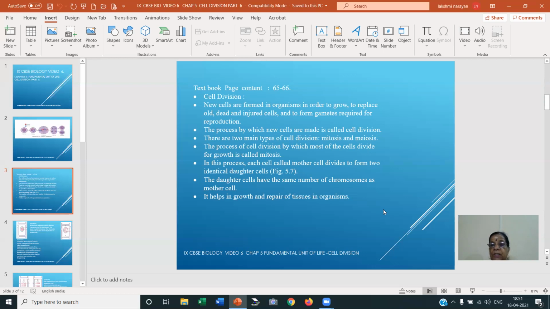The last 2 points are the significance of mitosis. Is it clear? So this is for mitosis. Go through the last 2 points for a second.